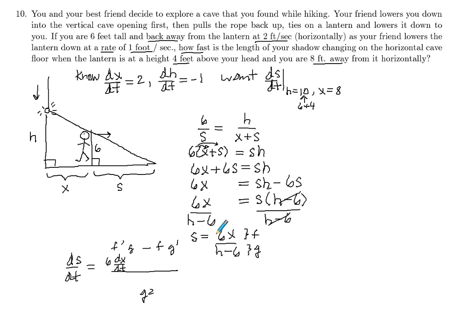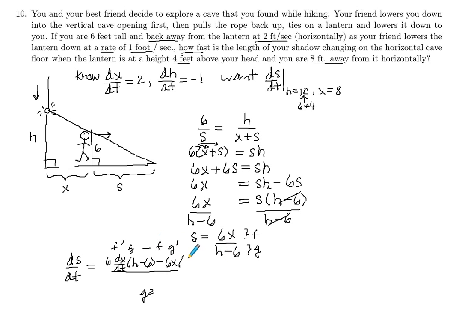Now we don't have to use a product rule on 6 times x, even though x is a function, because the derivative of a constant times a function is that constant times the derivative of the function. So there's our f prime, and then our g is h minus 6, minus f, which is 6x, and then times g prime, the derivative of this bottom.